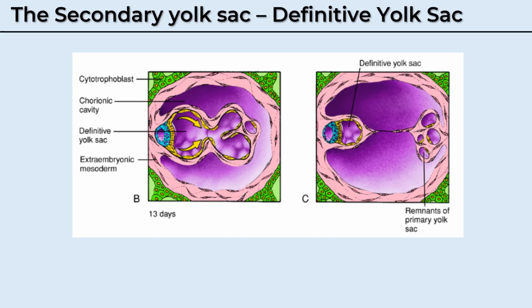So this chorionic cavity is getting larger and larger, and we have the definitive yolk sac, which is formed by this secondary migration of hypoblasts, and the remnants of the primary yolk sac are pushed to the wall within the rest of the extra-embryonic mesoderm.